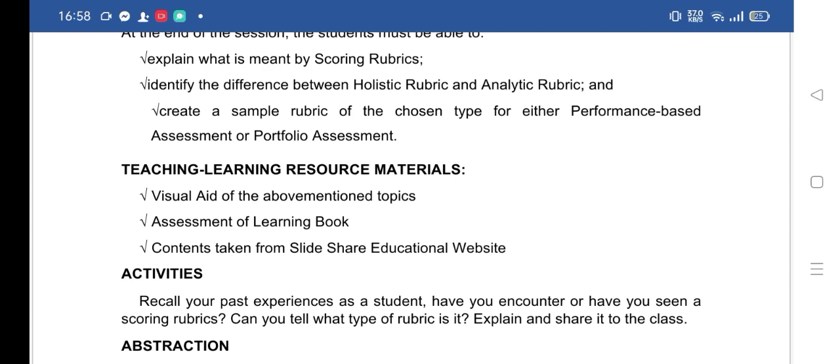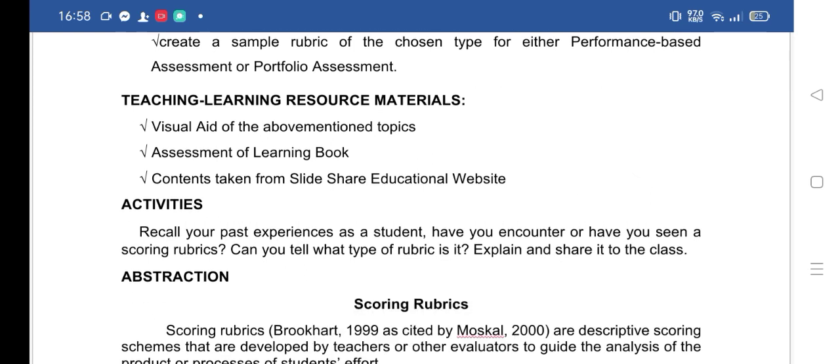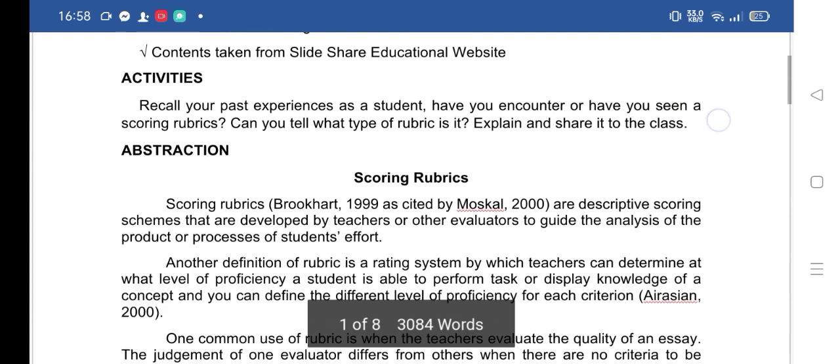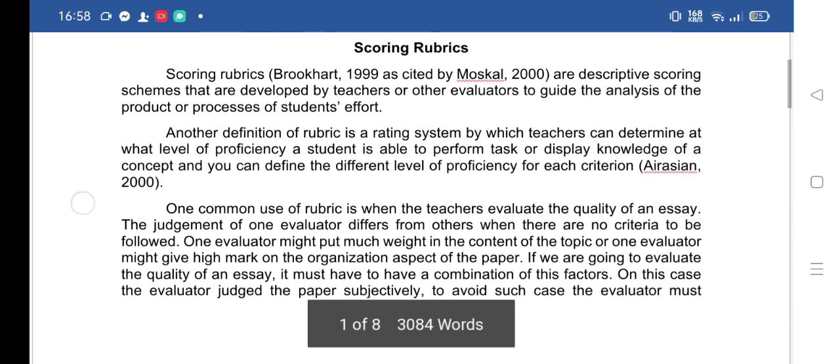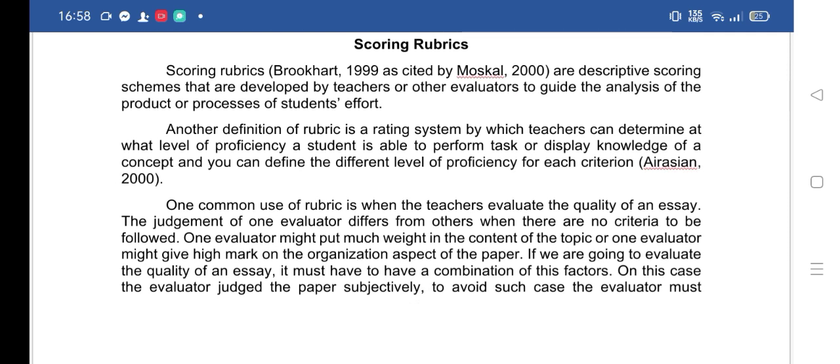So, let's move forward to the main topic, which is the scoring rubrics. Scoring rubrics, according to Brookhart 1999, as cited by Moskal 2000, are descriptive scoring schemes that are developed by teachers in order to evaluate or guide the analysis of the product or process of the student's effort.